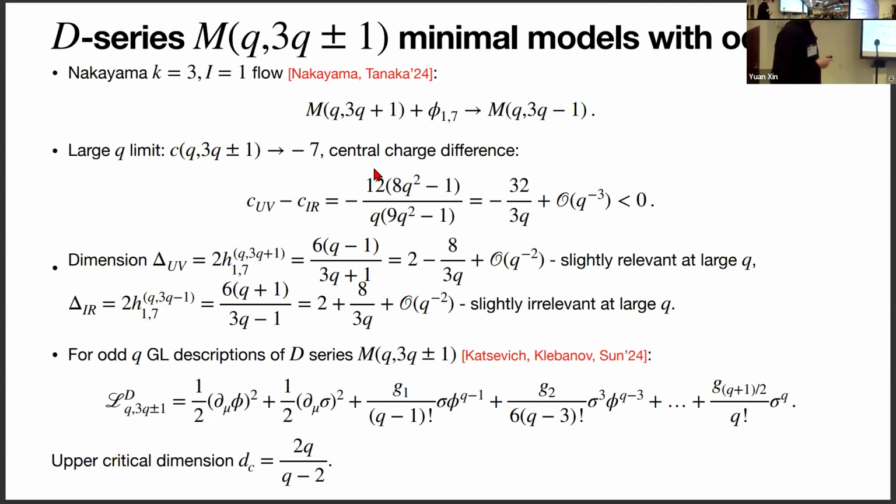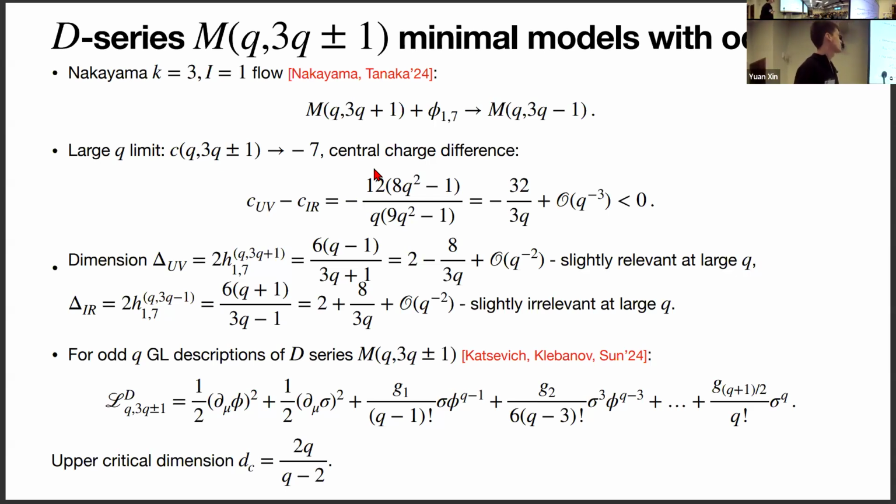In this limit, the central charge approaches -7, and the difference between central charges in the UV and IR theories is written here. It's something like -32 over 3Q in the large Q limit, and it's less than 0, because it's usual for non-unitary minimal models that the C theorem is violated, but the C-effective theorem, of course, is not violated.